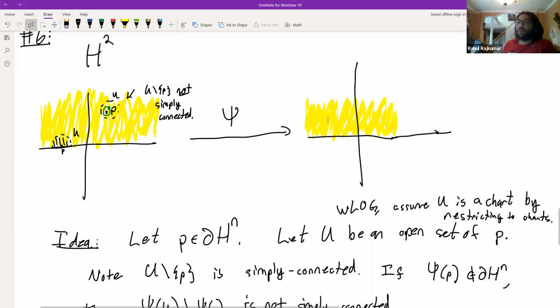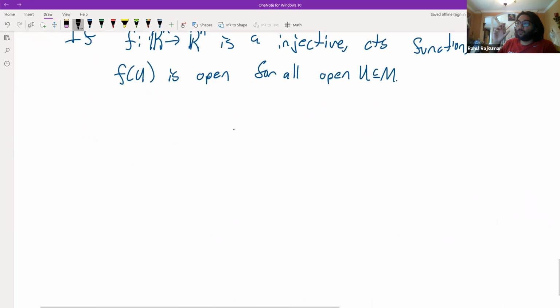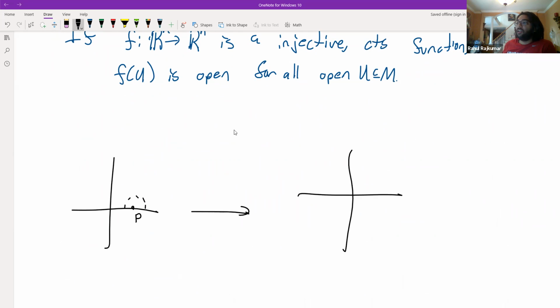Well, I think I'm remembering slightly what I was thinking for invariance of domain, where you say, let's say that P is in the boundary. Suppose that it gets sent into the interior, then a region around P gets sent into the interior.